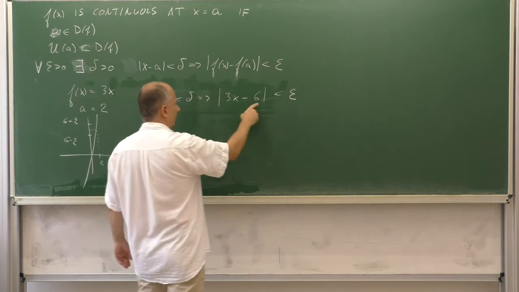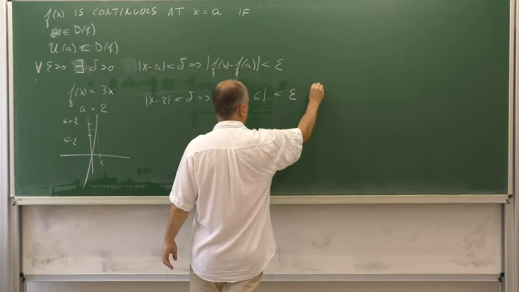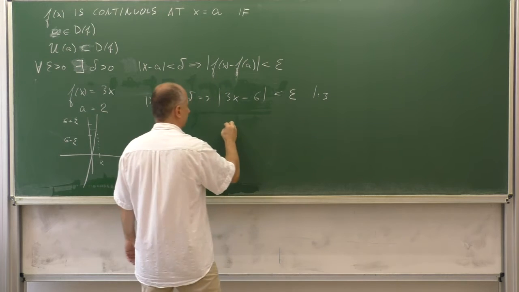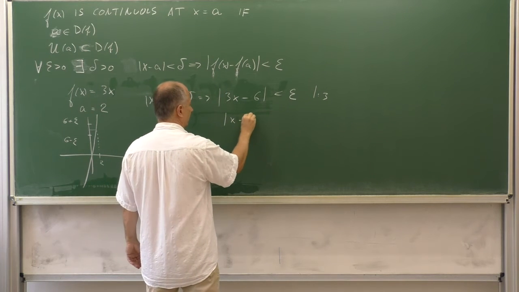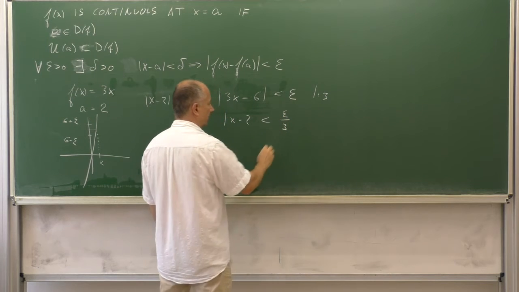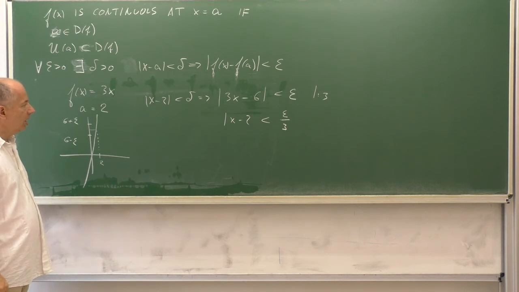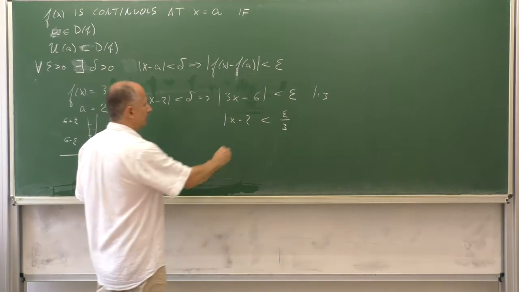But here we can factor out 3, and we can divide by 3, and we have x minus 2 in absolute value is less than epsilon over 3. So we want to find the absolute value first.